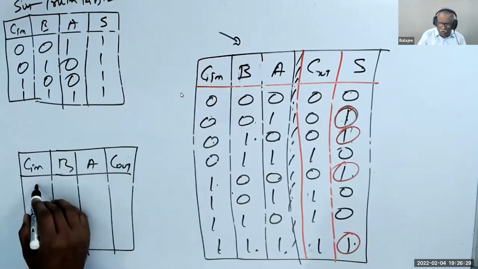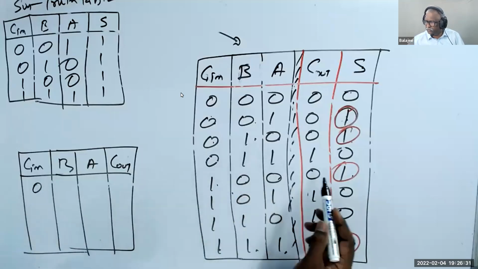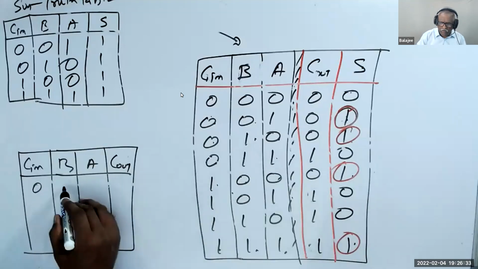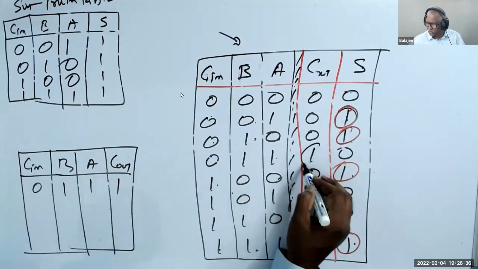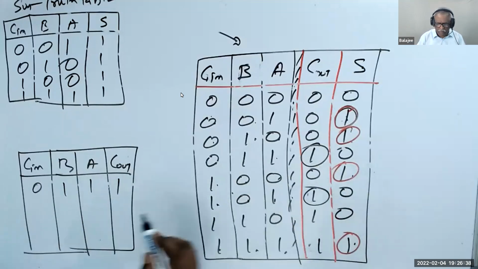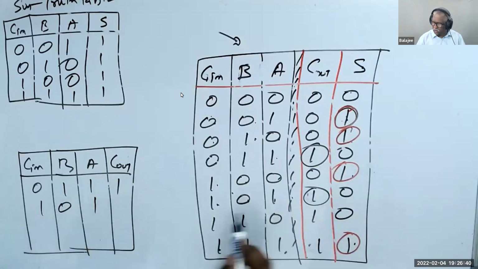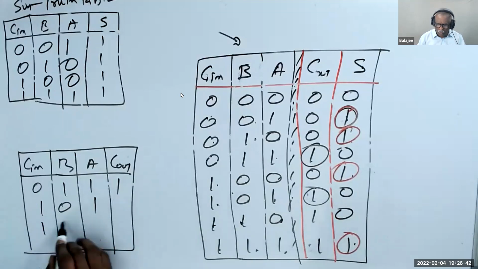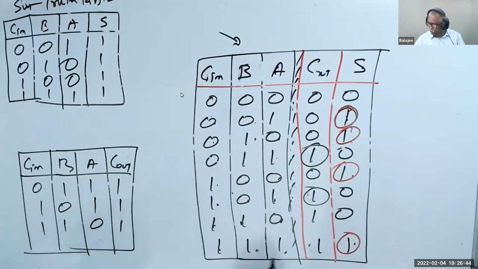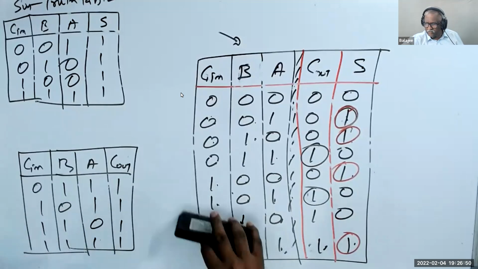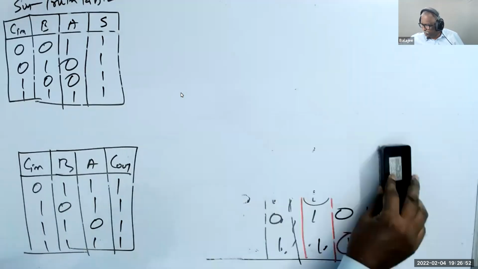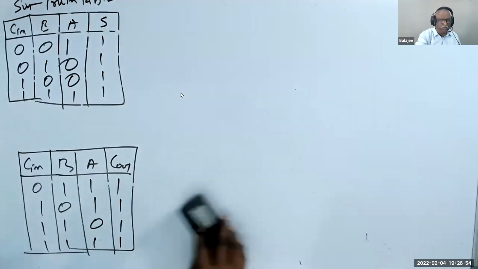Now 0, 1, 1, 1. Then 1, 0, 1, 1. Then 1, 1, 0, 1. Then 1, 1, 1, 1. Am I right? Now you don't need this, you can remove it. This table is not required. You have done it. This is called C out.